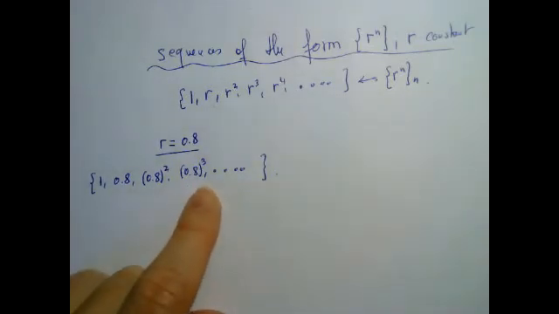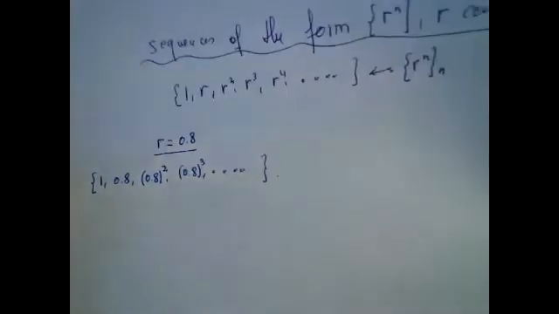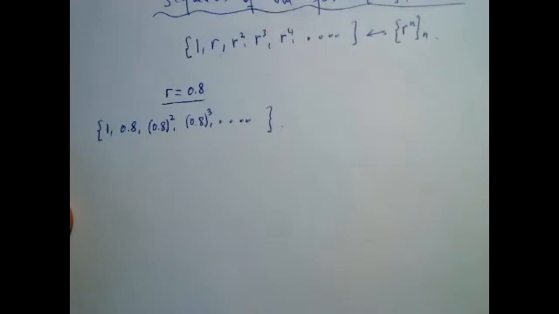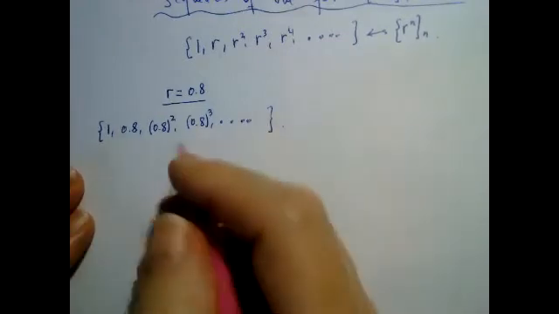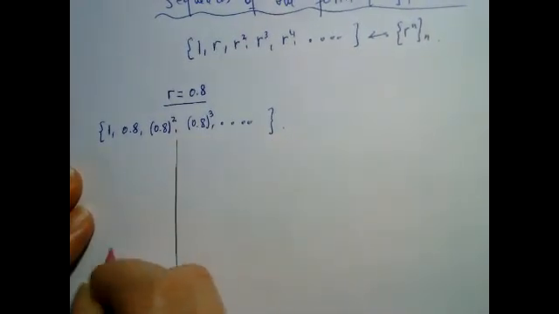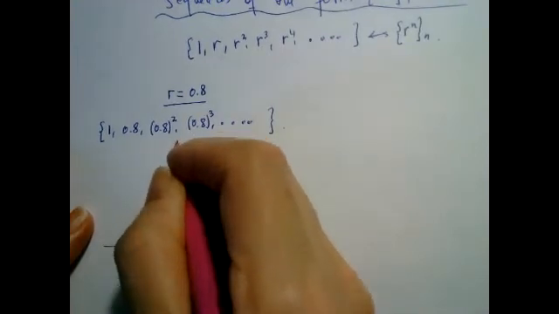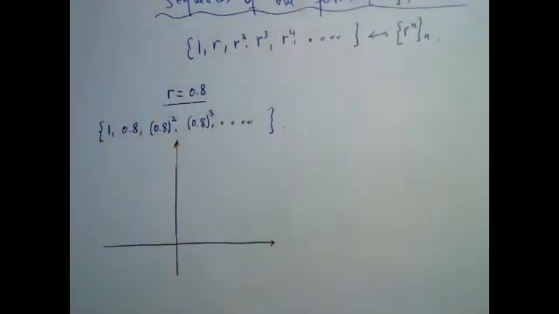What happens to those terms when n becomes very large? Anybody have any idea? When n becomes large, what happens to those terms? Do they become large? Do they become small?